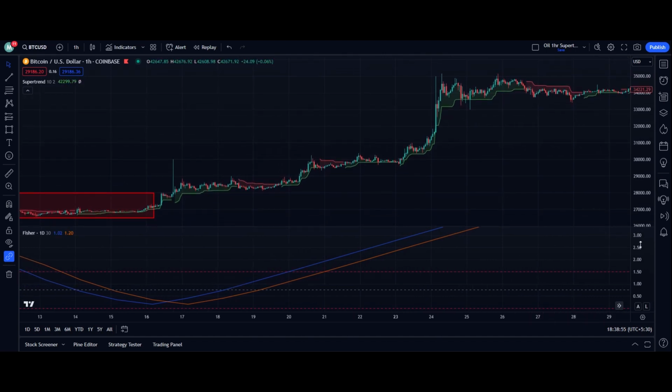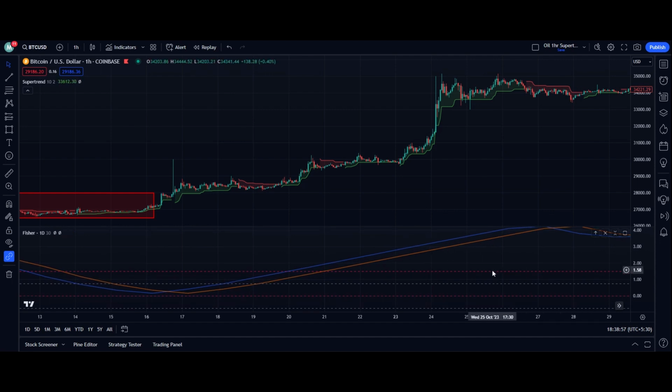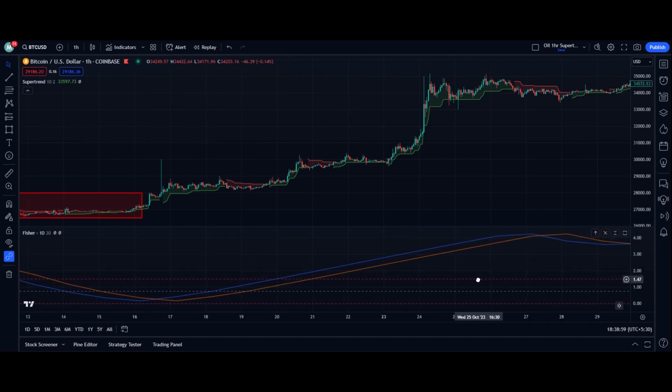So this is the kind of market we are trying to target, which would result in us making a lot of money if we can get it right at the right time.